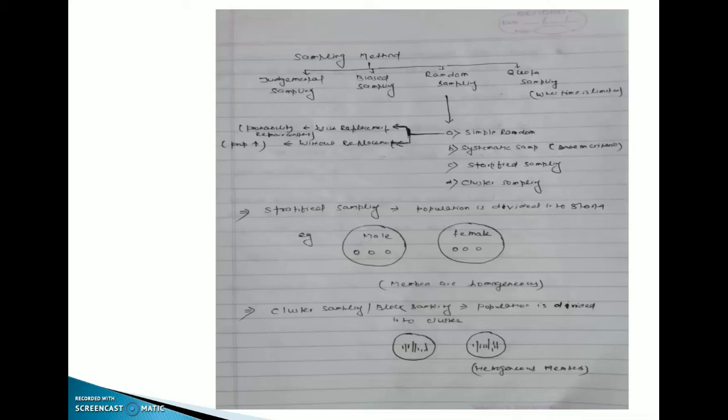When simple random sampling is done with replacement, then probability remains constant. It is very important. I am repeating again. When it is done without replacement, then probability increases.